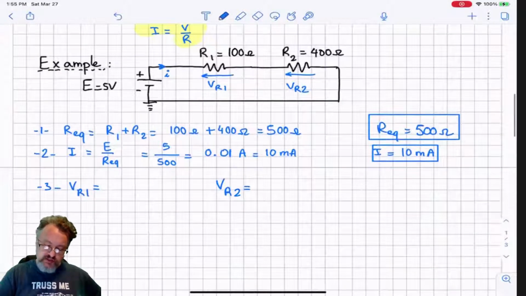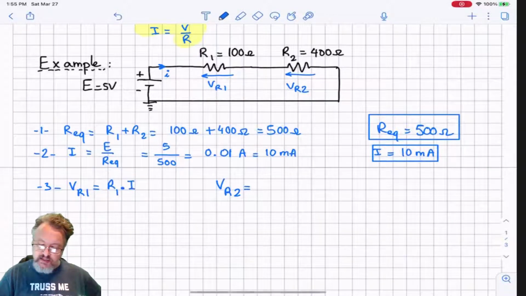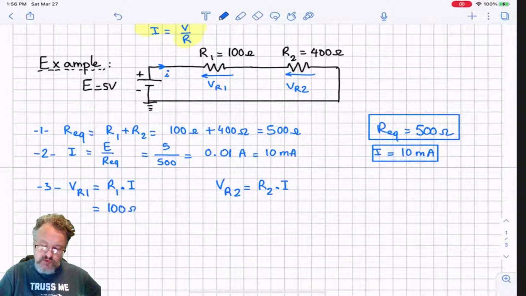Okay, so this is going to be the resistance R1 times the current I. This will be the resistance R2 times the current I. Therefore, R1 is 100 ohms times, I need to have it in amps, so I need to write it like this.